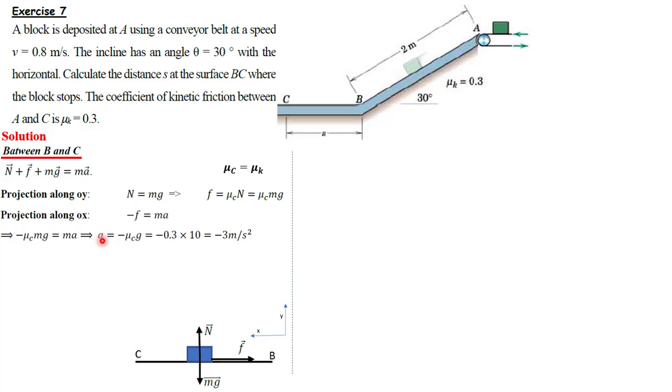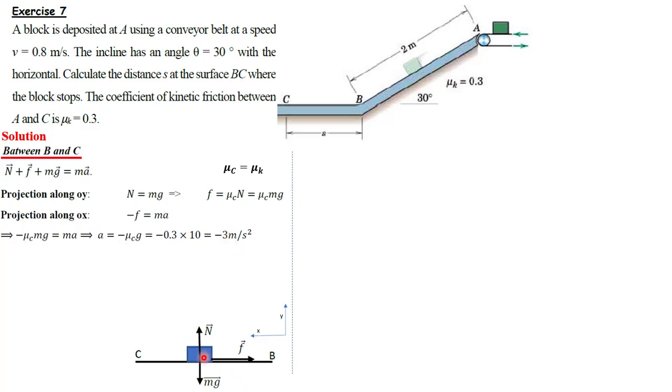This will give us that a is equal to minus mu times g by simplifying with m. And we can notice that mu is a constant and g is a constant, so the acceleration is a constant. It has a negative value because we just have the friction force that is applying here on the particle.